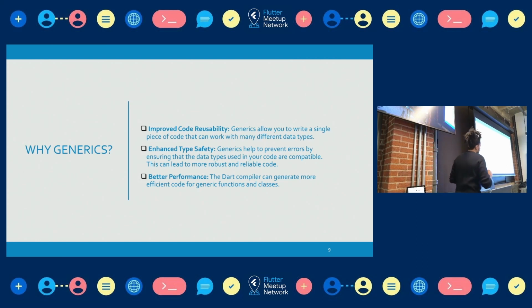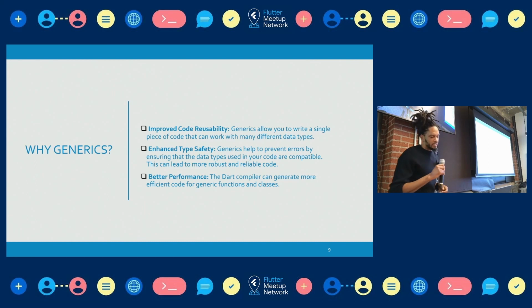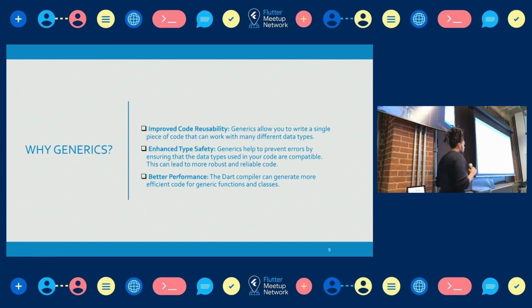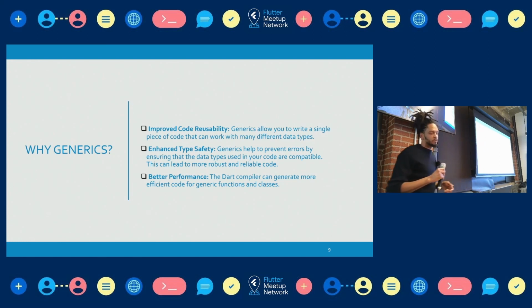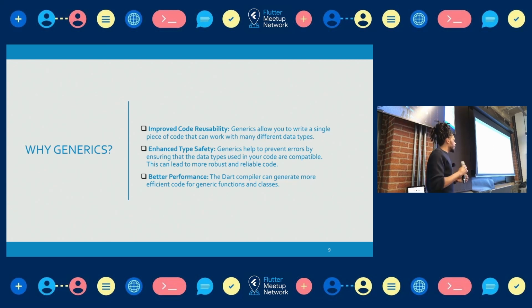So some benefits of using generics in your code. First, they improve code reusability. That's definitely a big one. They allow you to write a single piece of code that can work with many different data types, eliminating the need to rewrite logic across your code. Second, generics can enhance type safety.